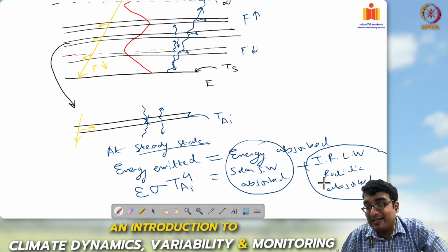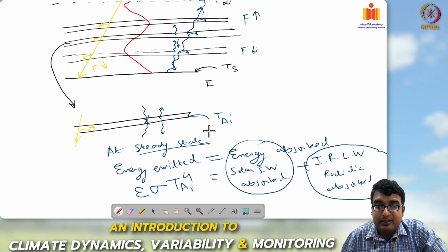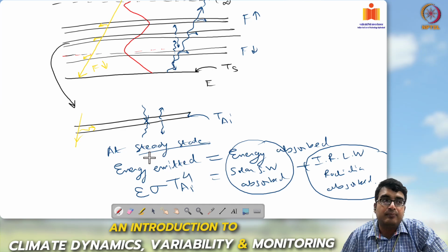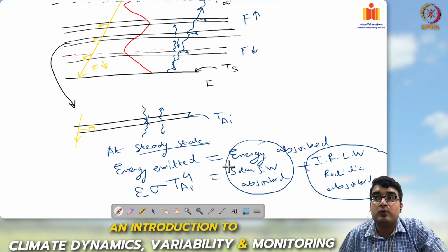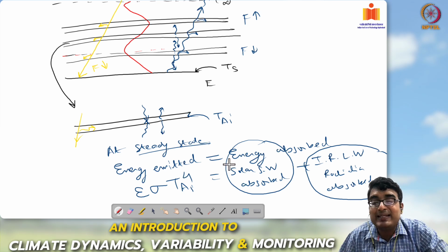An increase on the right hand side necessarily means the left hand side has to increase to keep the steady state working. What this means is the temperature of that atmospheric layer will have to increase. And this is in fact what is causing the warming of the atmosphere.